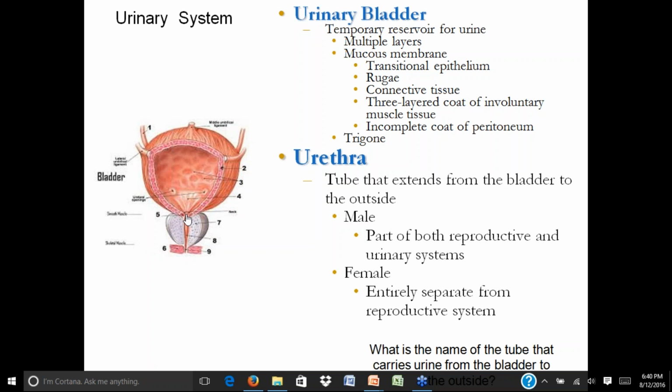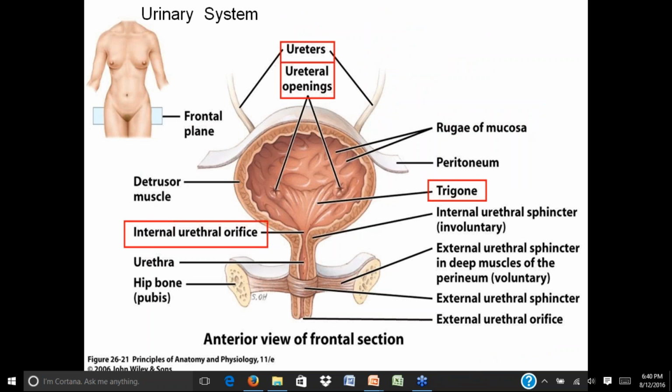So that means the urinary bladder contracts, but you can actually stop the urine if you want, because this muscle in this area, like a ring around the urethra, is going to stop the flow of urine. All right. So let's keep going. So here we have the sphincters I mentioned.